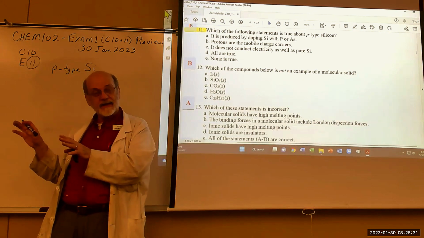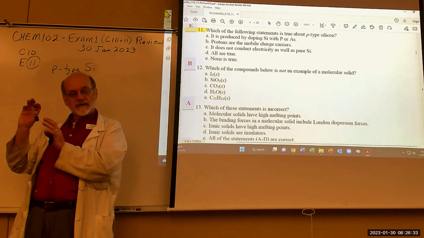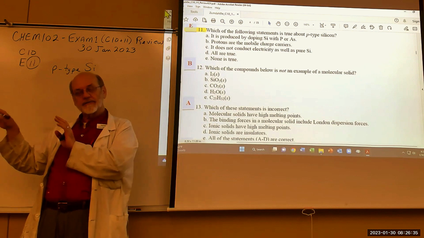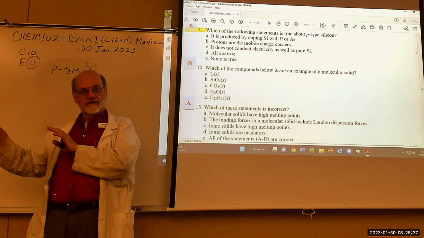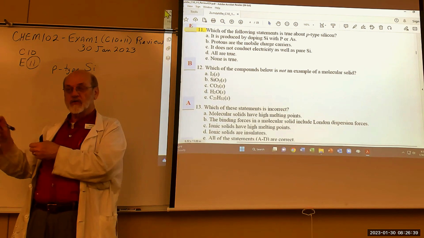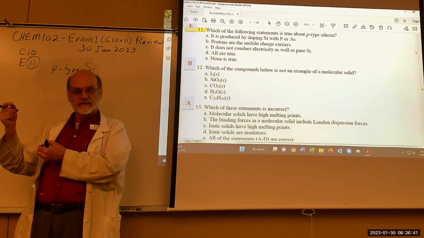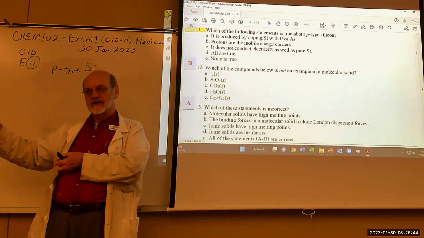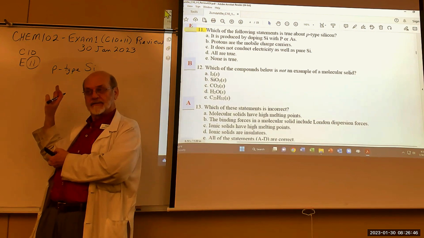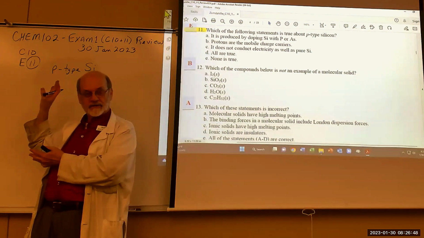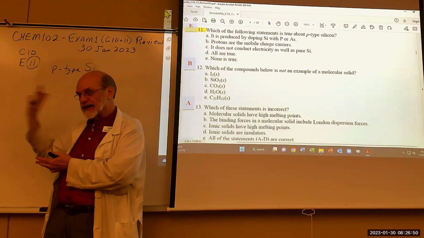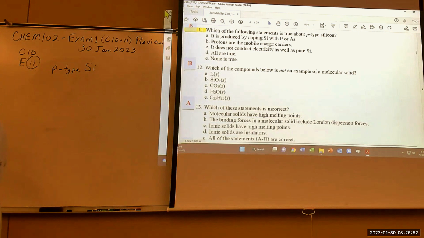You look at the periodic table, and you look to the left, which would be fewer electrons than silicon, which would mean you create those positive holes. So we're looking to the left of silicon. To the right would be N-type, because they have more valence electrons than silicon. So the left of silicon would be what? Gallium, aluminum, indium.